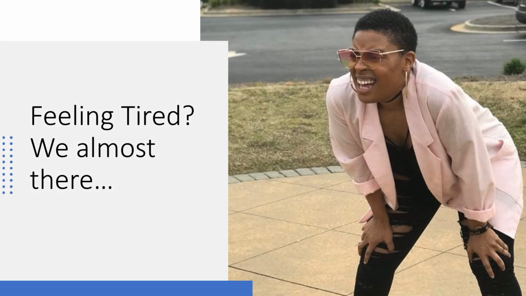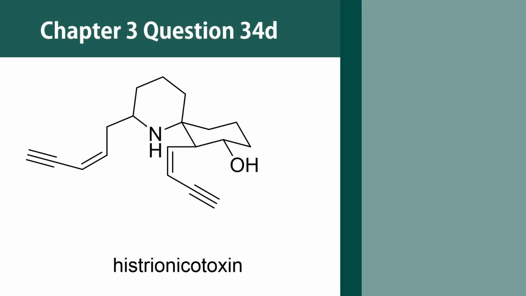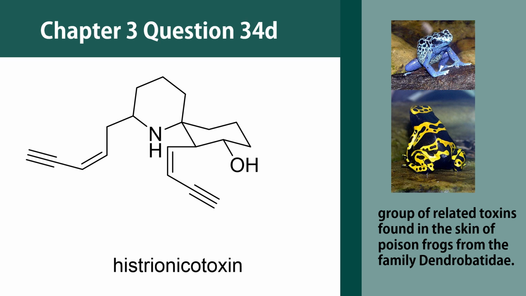So we're almost there, I just don't want it to become draggy. So we proceed to the next chapter, chapter 3, question 34D. Histrionicotoxin. This is a toxin found in the skin of a poison frog from South America.